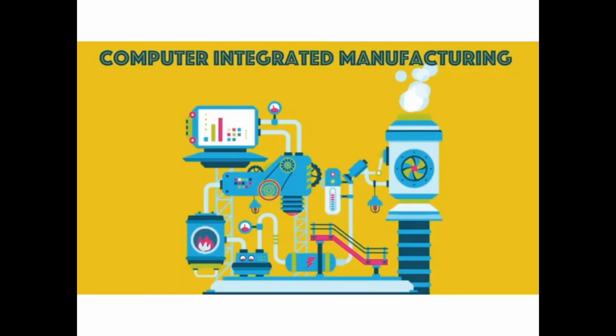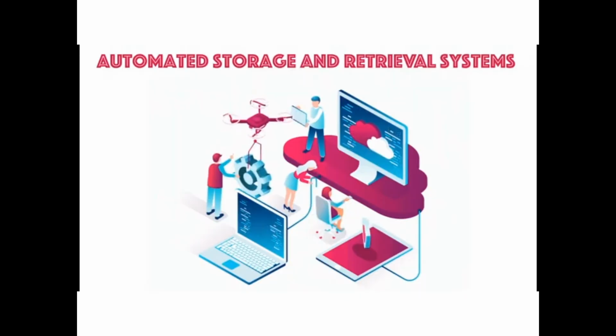Then we have computer integrated manufacturing, a completely automated environment which employs automated storage and retrieval systems and robotics. Automated storage and retrieval systems replace traditional forklifts and their human operators with computer controlled conveyor systems.